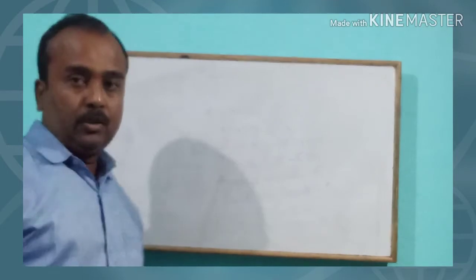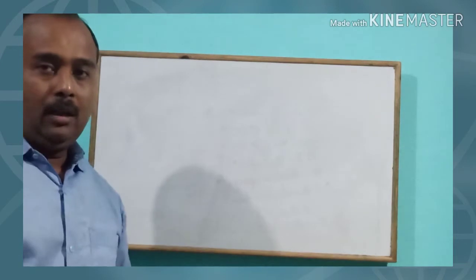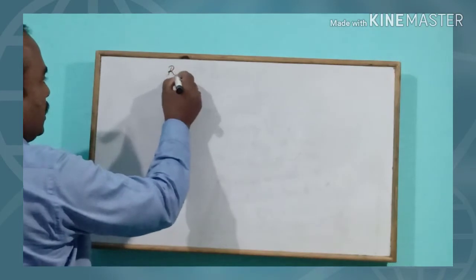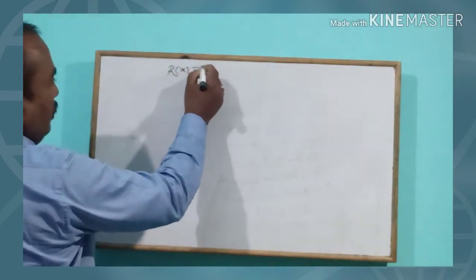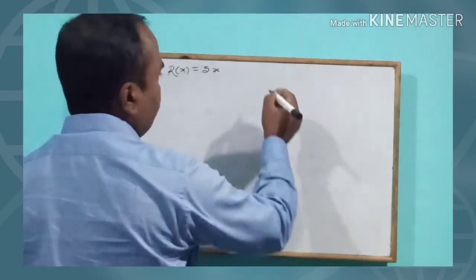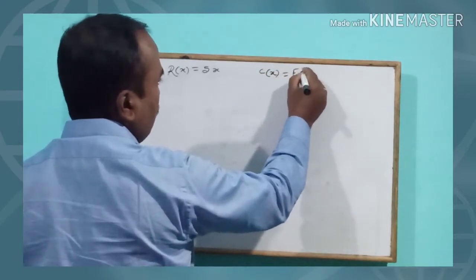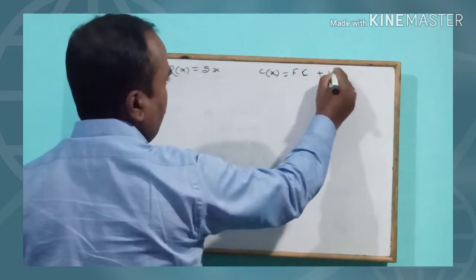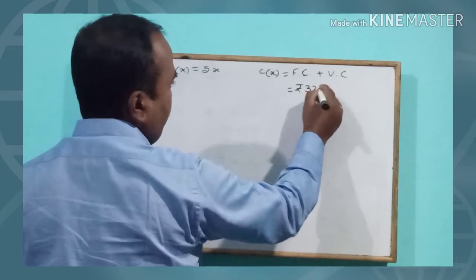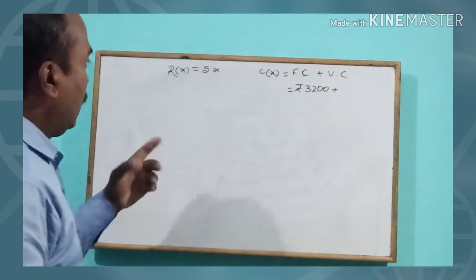Okay, let us solve the problem. So, the company sells 1 pen at rupees 5 per unit. So, revenue function R(x) is 5x. And cost function is fixed cost plus variable cost. Fixed cost is given rupees 3,200 and variable cost is 25% of the revenue function.